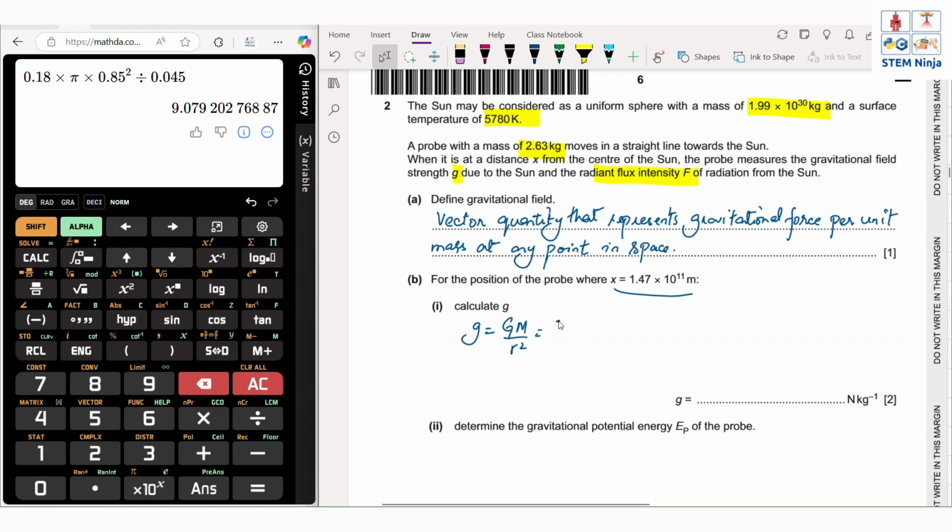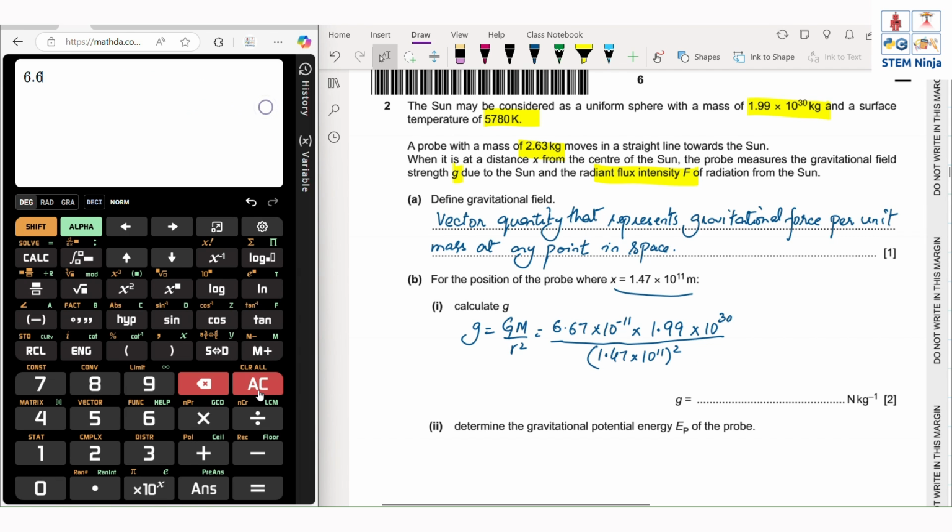So G is 6.67 times 10 raised to power minus 11, times the mass of the sun 1.99 times 10 raised to power 30 kilograms, divided by R, which is given as 1.47 times 10 raised to power 11, whole squared. So 6.67 times 1.99 divided by 1.47 squared.